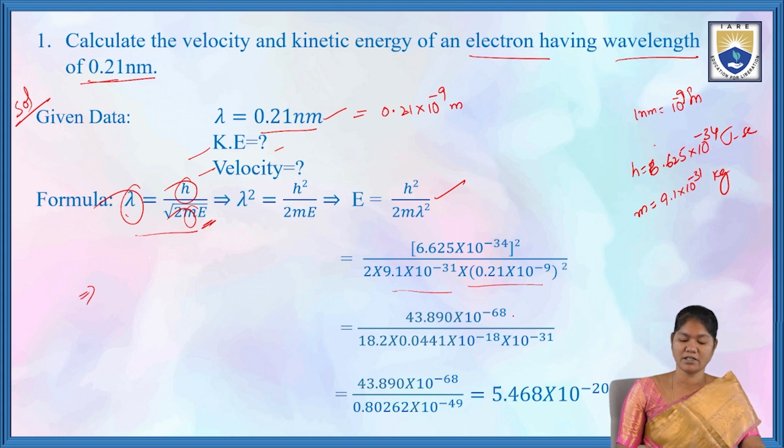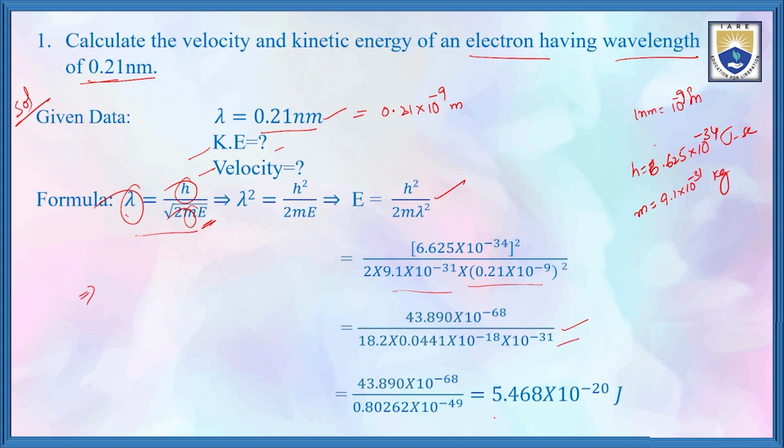Simplifying, 6.625 into 6.625 gives 43.890 into 10 power minus 68, divided by 18.2 into 0.0441 into 10 power minus 49. Calculating these values, we get 5.468 into 10 power minus 20 joules. This is the energy of the electron.